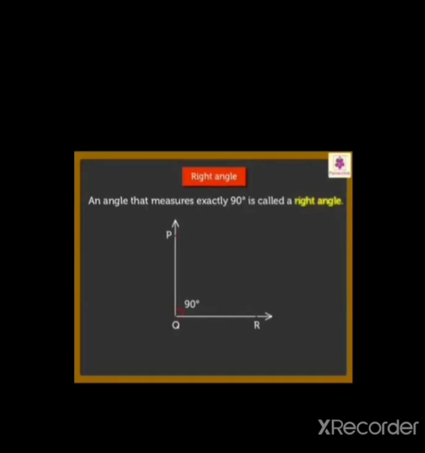Next is right angle. An angle that measures exactly 90 degrees is called a right angle. Look at the figure. Here, angle PQR measures 90 degrees. So, angle PQR is a right angle. Coming to an obtuse angle.